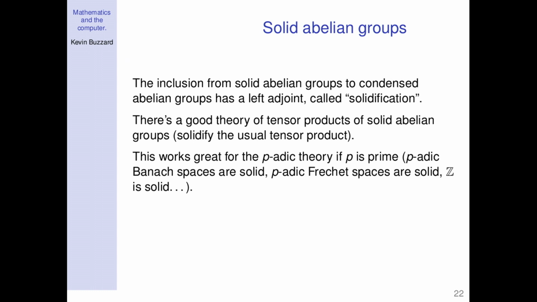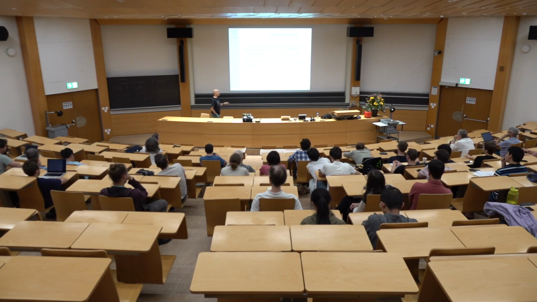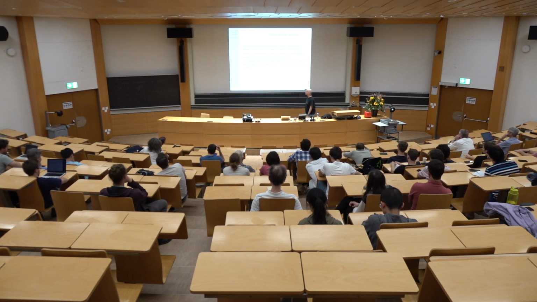I get Z_p, that's solid. Then I could take an arbitrary product of Z_p's, and that would be solid. And then I invert p, and localization also preserves solid. And now I've got a p-adic Banach space. That's why p-adic Banach spaces are solid. It's difficult to become unsolid once you're solid. Even p-adic Fréchet spaces are solid, and the integers are solid.